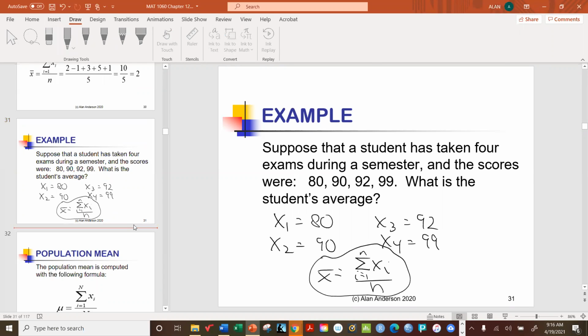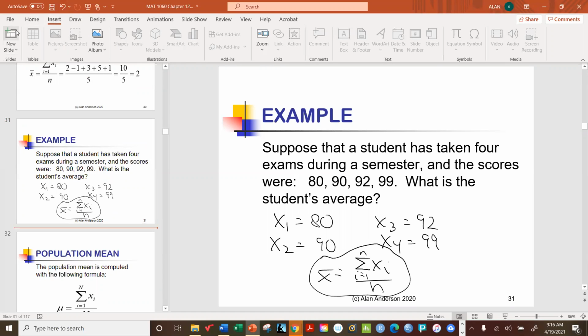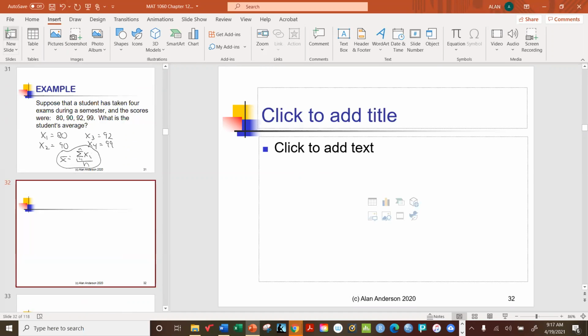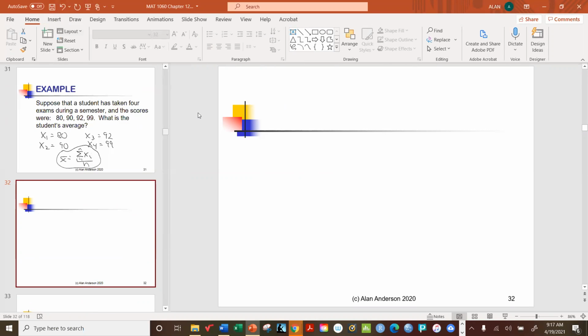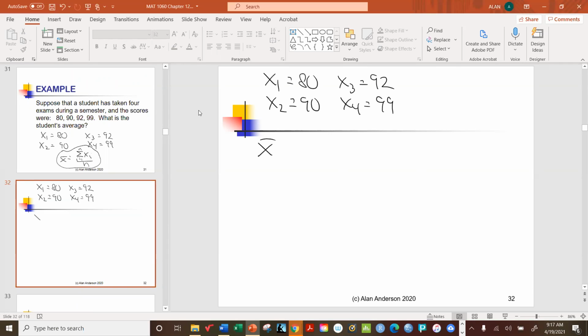So we'll have, all right, I'll repeat the values here because we'll need them. So first, why don't we do the summation operator?